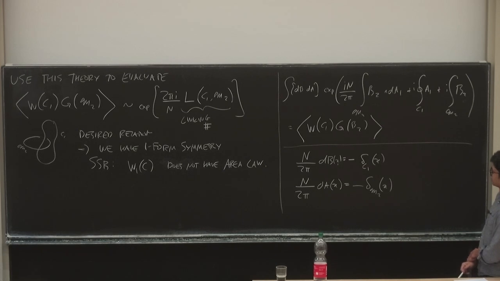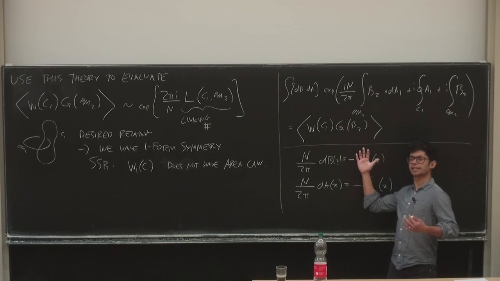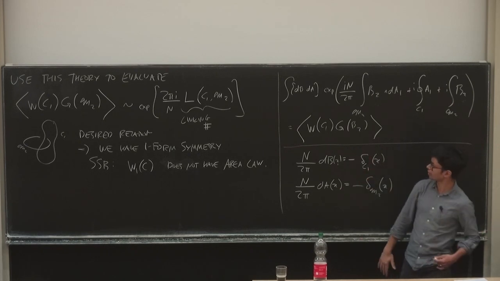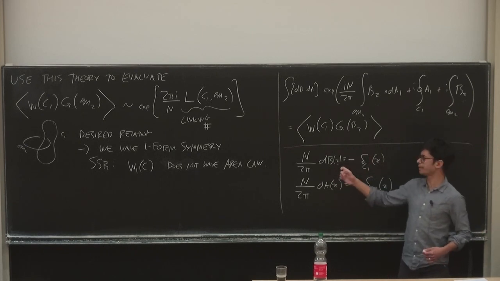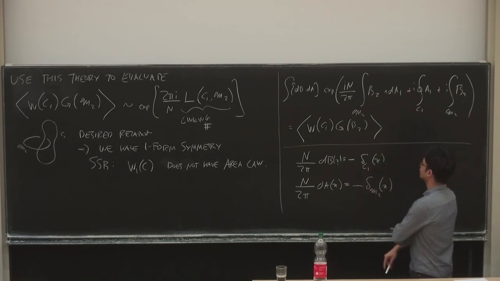Note, by the way, that if we didn't have the sources inserted, you just get dA equals 0, dB equals 0, which means that all the connections are flat, so there are no local degrees of freedom. There are still no local degrees of freedom, but now these things are non-zero in some way, which is completely determined by the sources.